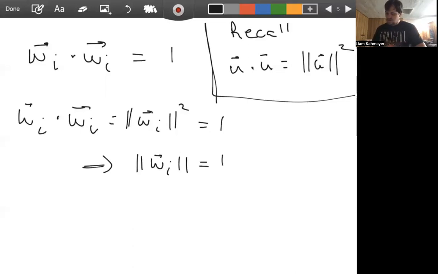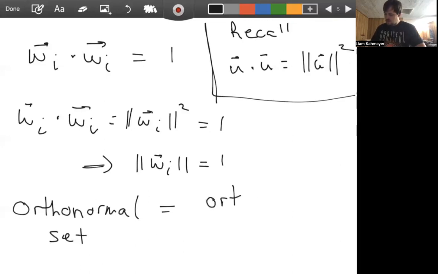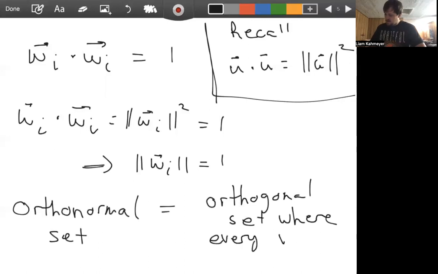So an orthonormal set is an orthogonal set where every vector has magnitude equal to 1.